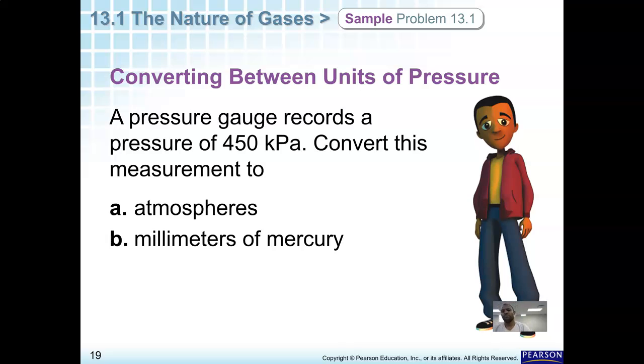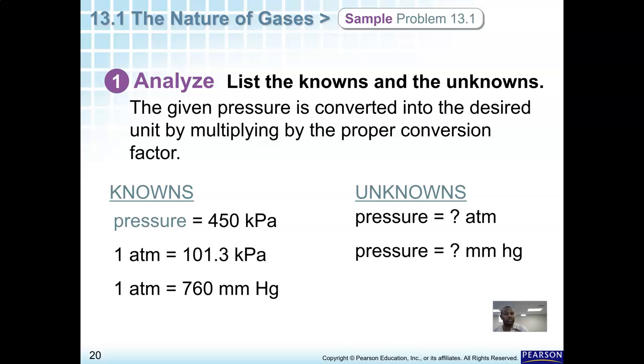First, analyze the problem, which means identifying what is known and what is unknown. We know that the pressure is 450 kilopascal, and we also know that 1 atmosphere is 101.3 kilopascal, which is also equal to 760 millimeters of mercury. We are asked to convert 450 kilopascal to ATM and millimeters of mercury. When you do this, you are analyzing your problem.